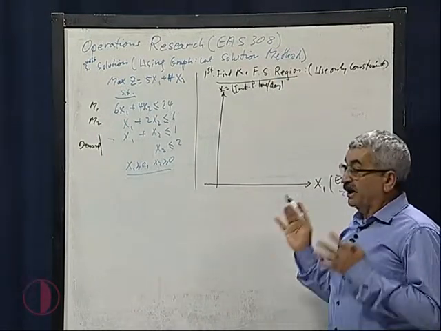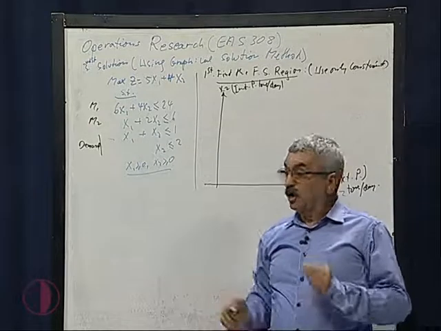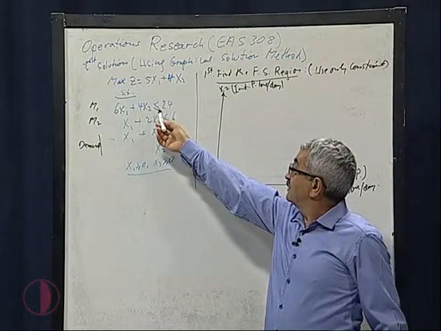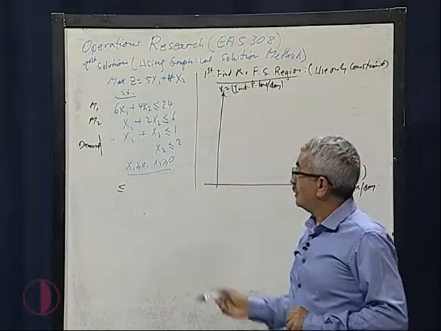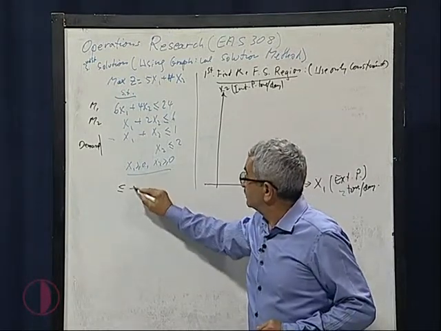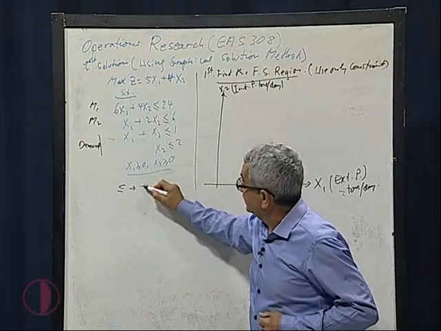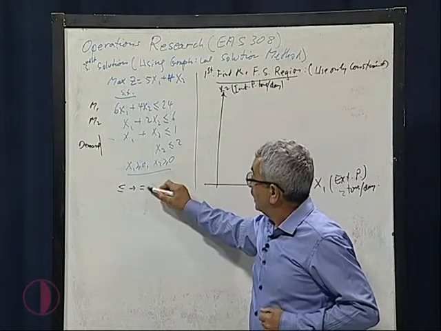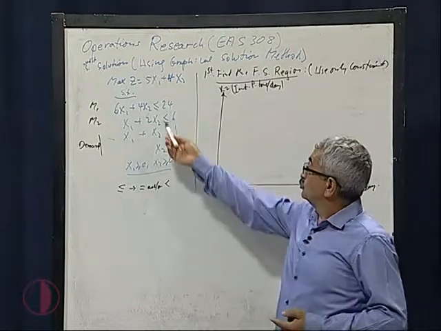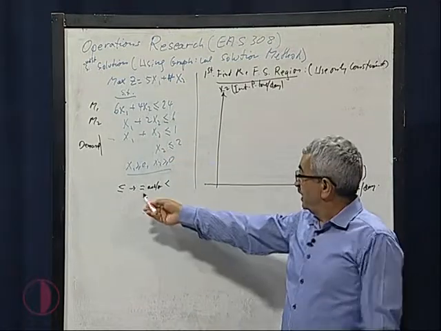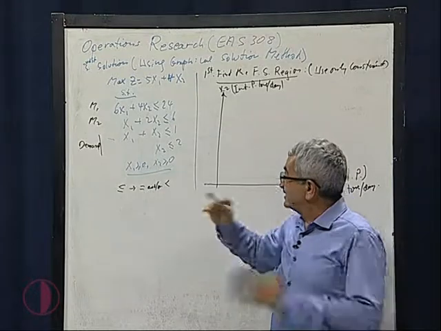X1 means exterior paint, tons per day, and X2 is the interior paint, again, tons per day. So, how are we going to draw? If it is smaller or equal, it means two aspects, that it is equal or smaller than. So, this is space, but first we have to find the straight line.